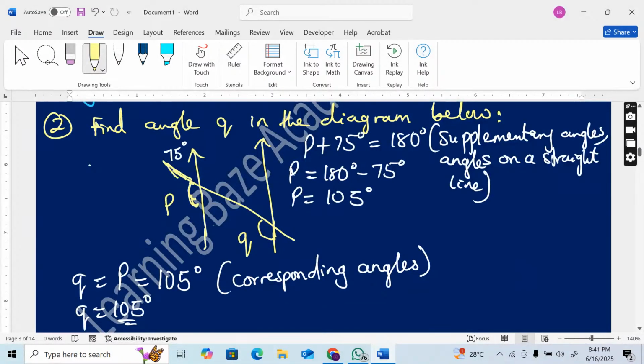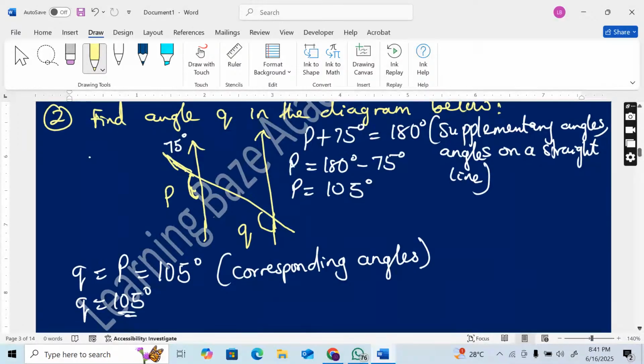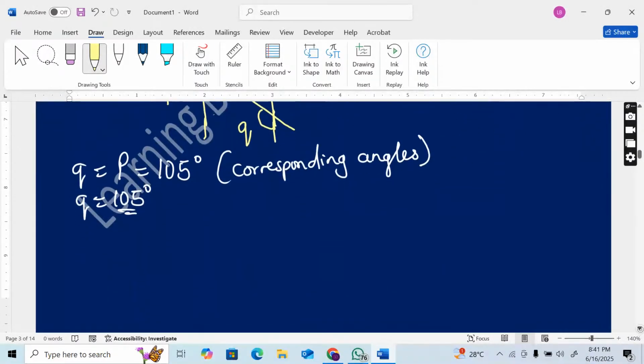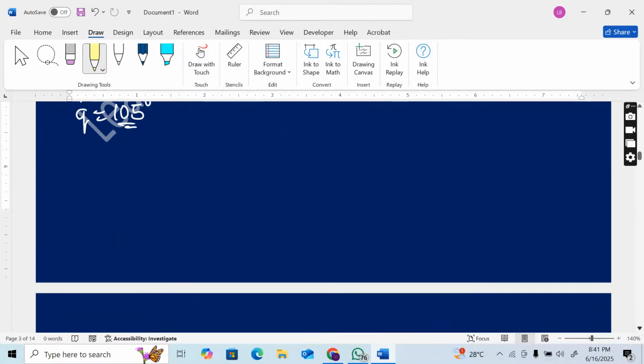Now let's move on to alternate angles. Take note that corresponding angles are equal.